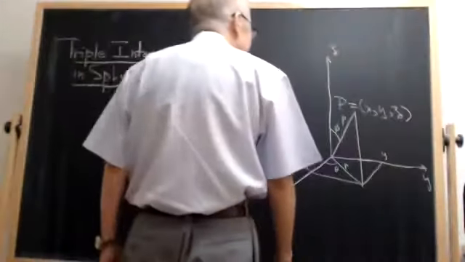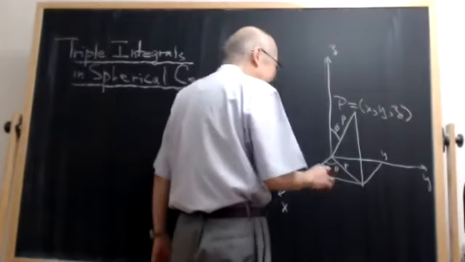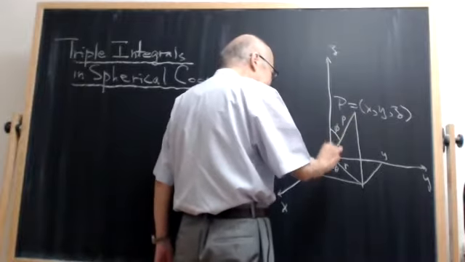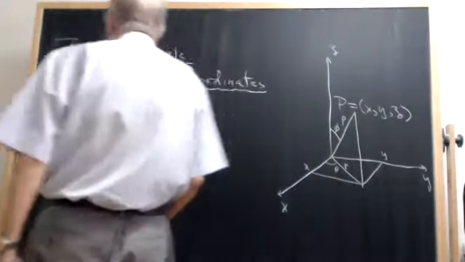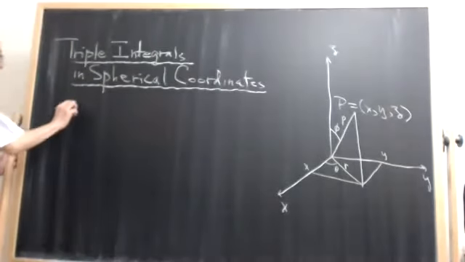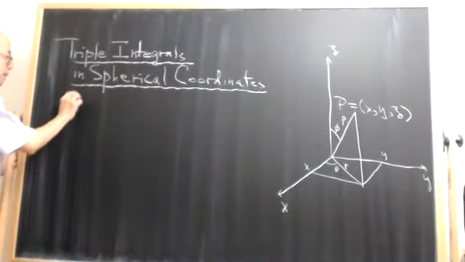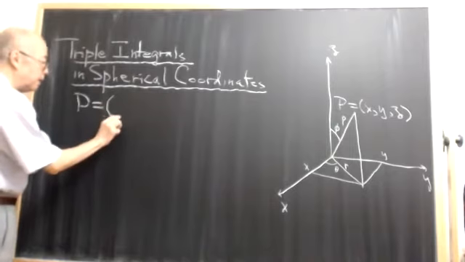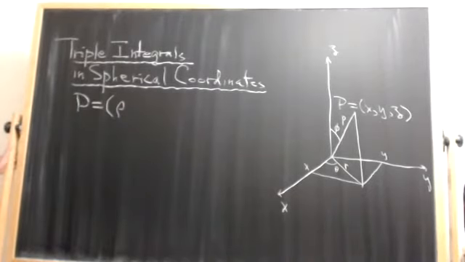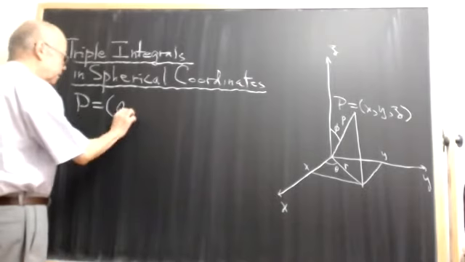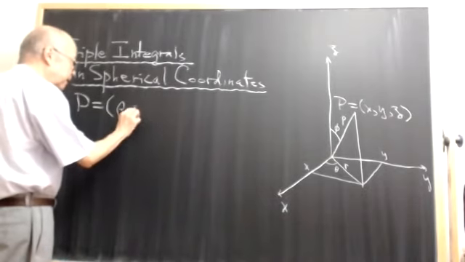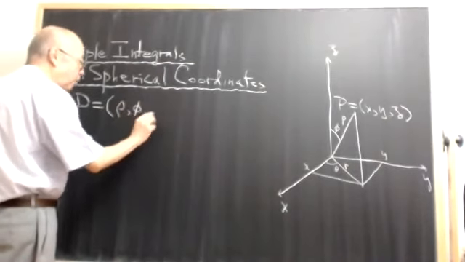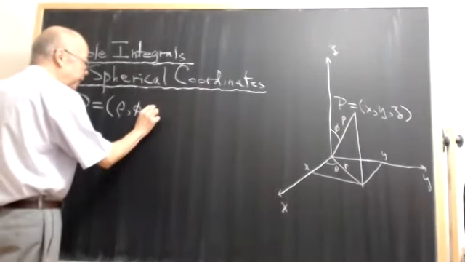Now, we are particularly interested in rho, in phi, and in theta. So I can say that P can be denoted by rho, by phi, and also by theta.